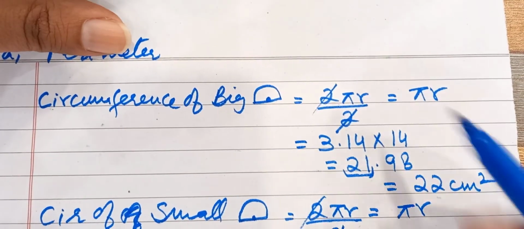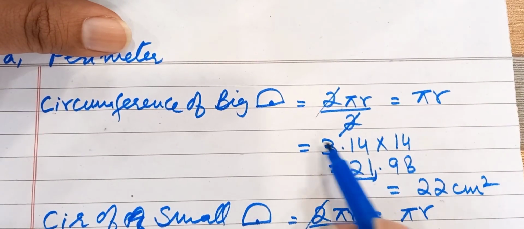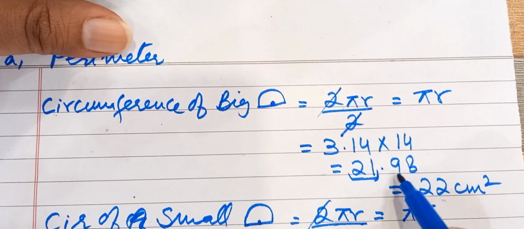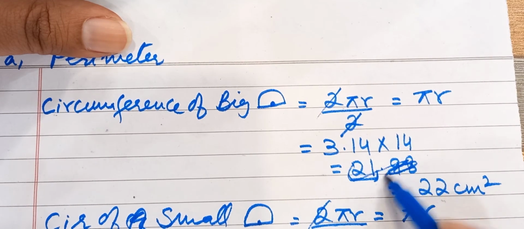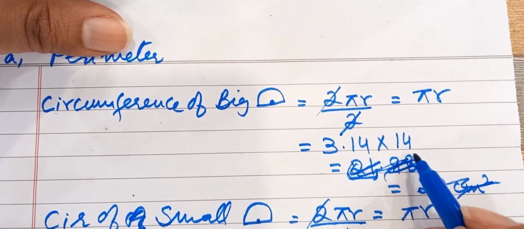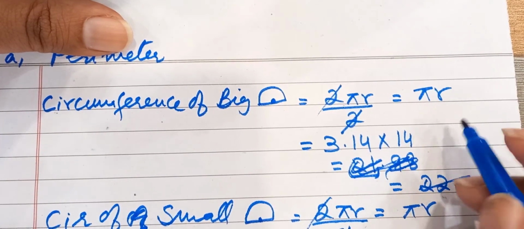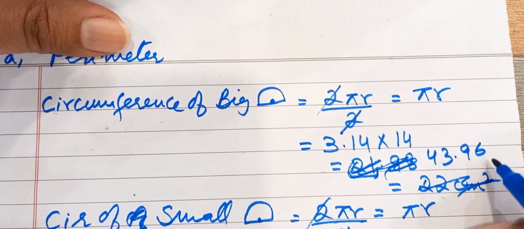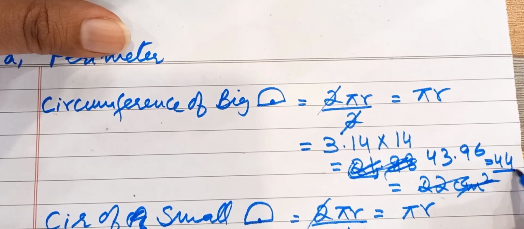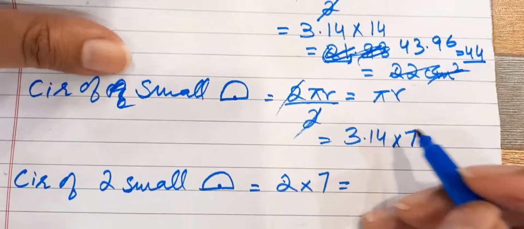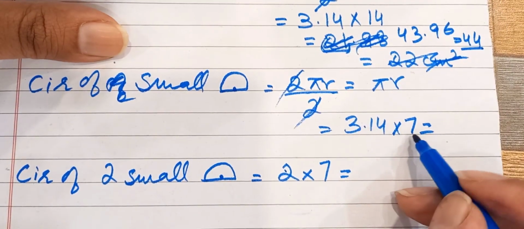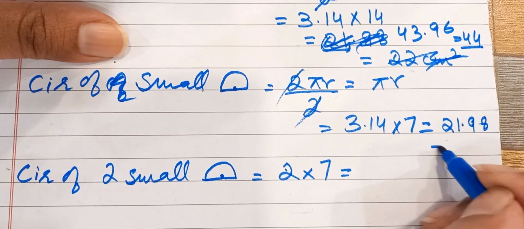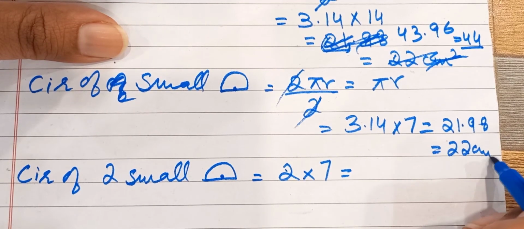Sorry, here in the circumference of the big semicircle, instead of multiplying by 14, I multiplied it with 7. So sorry, it's wrong. When I multiply it with 14, I'll get the answer 43.96, which is equivalent to 44. So this is the correct answer here. When I multiply 3.14 with 7, I'll get 21.98, which is equivalent to 22 centimeters.